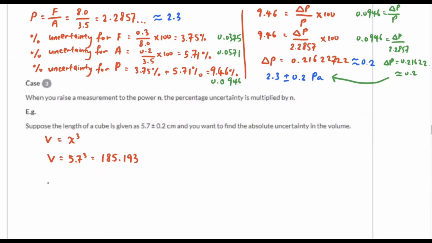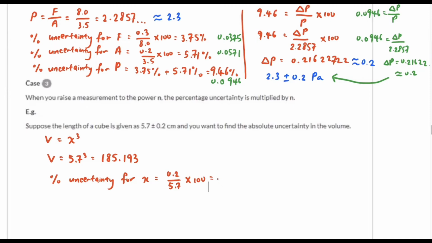Now the percentage uncertainty for x is 0.2 over 5.7 times 100.